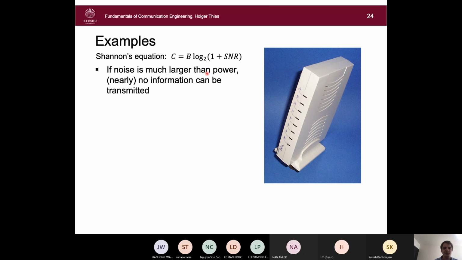If the noise is much larger than the power, so if the signal to noise ratio gets very small, then no information can be transmitted at all, because then this goes to 0.